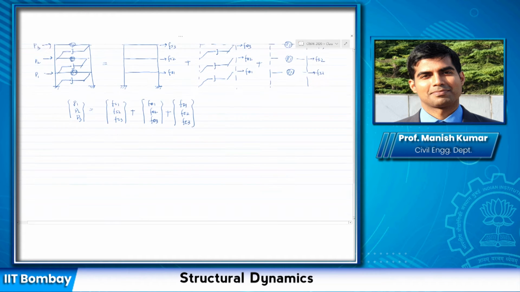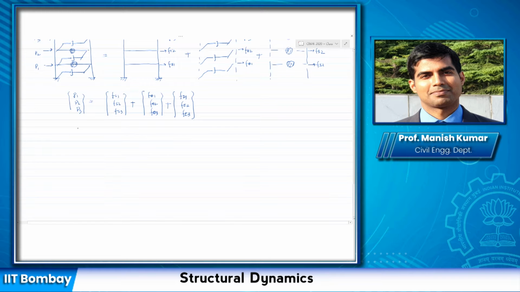And this we have already previously stated, right? The total force vector would be, or let me write it in the reverse order, Fi vector plus Fd vector plus Fs vector is equal to the applied force vector.